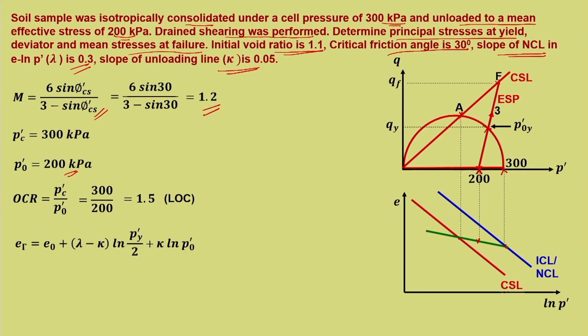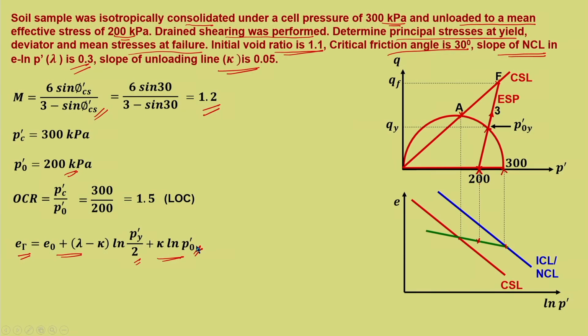Now, we do not have the gamma parameter given, so we can compute it; in this case it is e gamma. The expression we have already derived, please look back, you will find in the lecture that we have derived this particular equation. It is e naught plus lambda minus kappa ln p dash y by 2 plus kappa ln p naught dash.